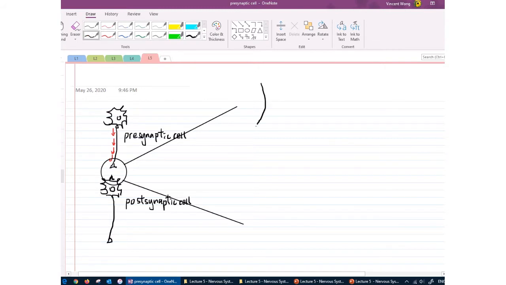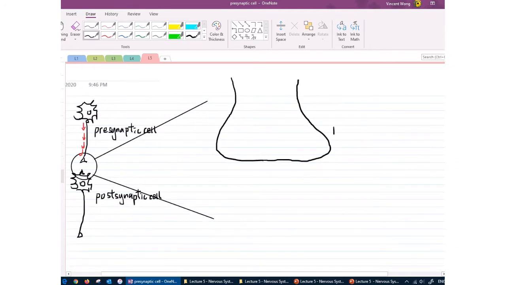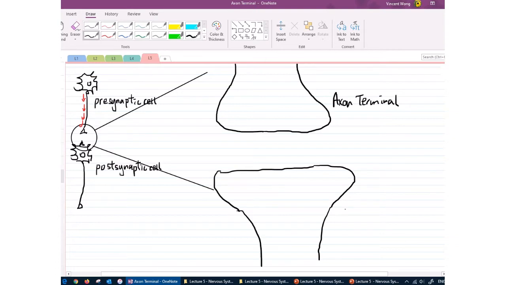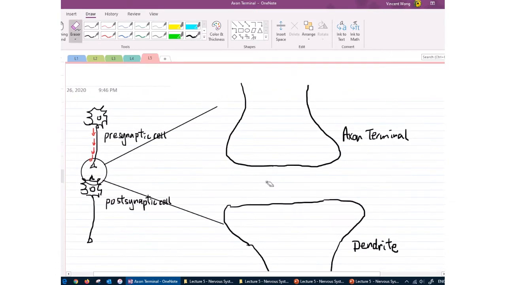So here we will have the axon terminal of the presynaptic cell, and over here we will have the dendrite of the postsynaptic cell. Okay, so this gap here is called the synaptic cleft.